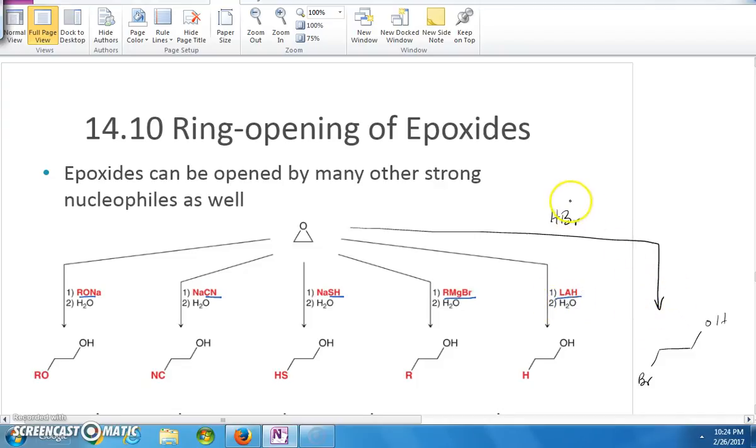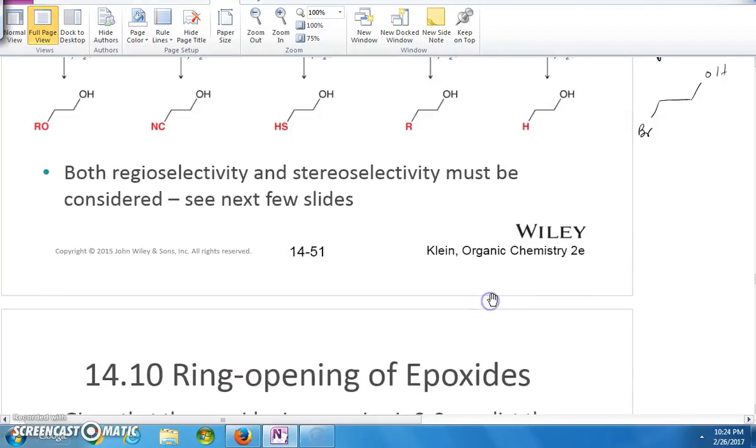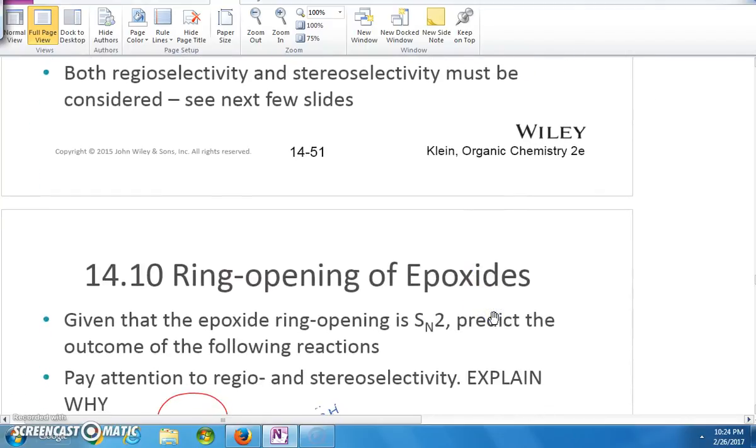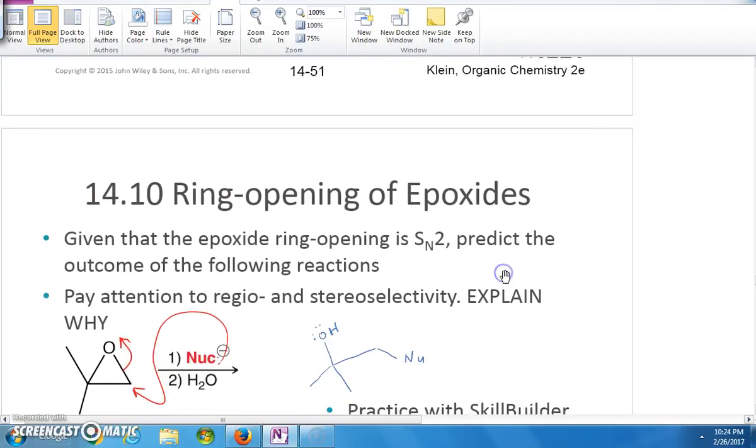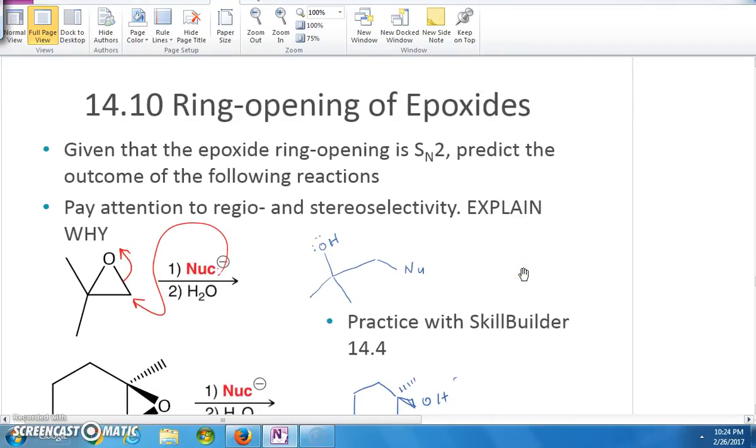Or if you use acid, then you can easily open up the epoxide to give you the bromohydrin. Now, both regioselectivity and stereoselectivity must be considered. Given that the epoxide ring opening is SN2, predict the outcome of the following reaction.